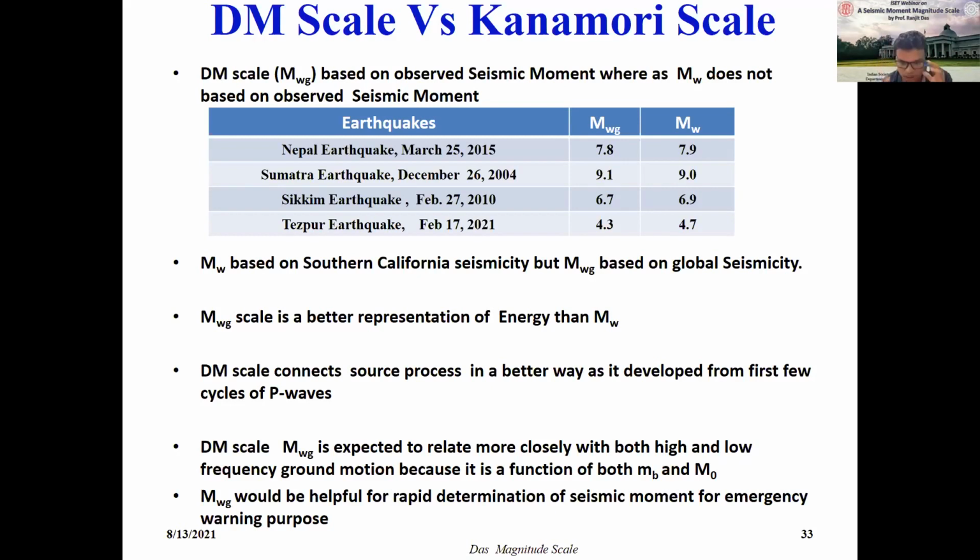The MWG scale is connected with the MB, which is the first few cycles of P waves.